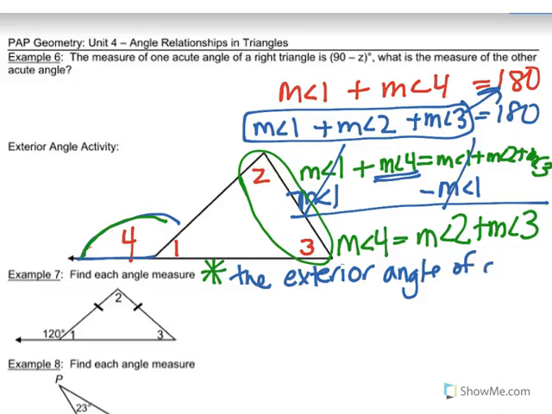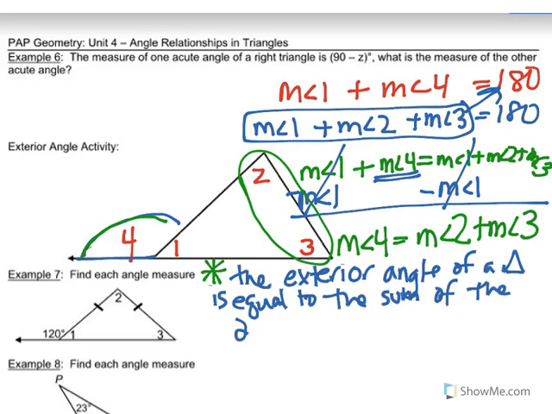The exterior angle of a triangle is equal to the sum of the two, now this is the key word, the two non-adjacent interior angles. The non-adjacent interior angles. So let's make sure you understand what we're saying.